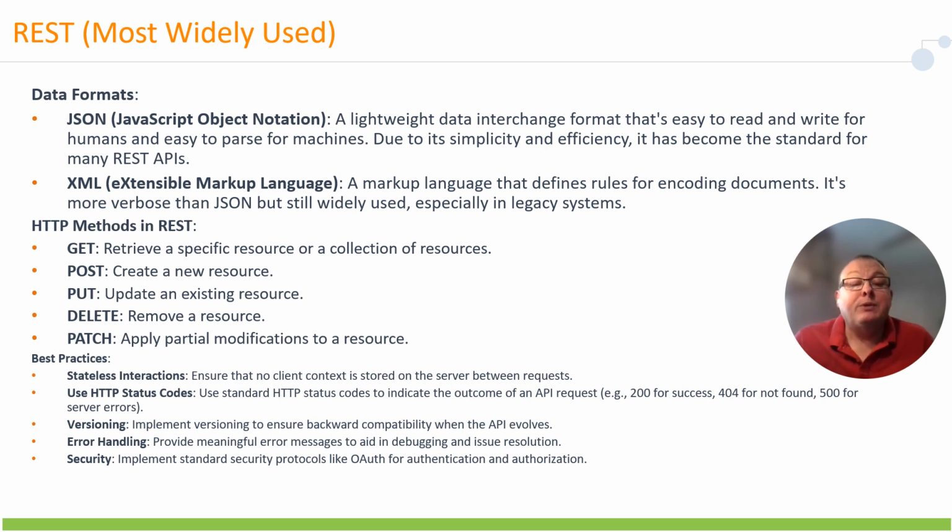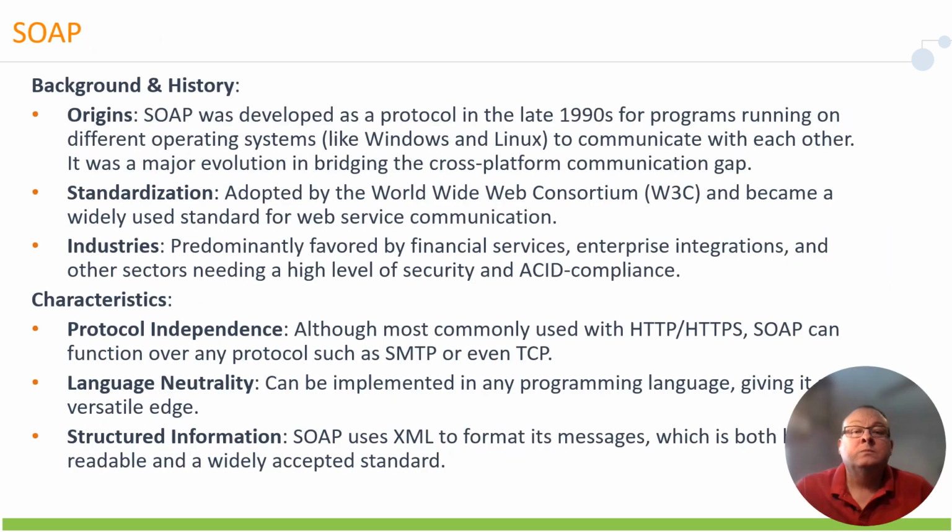Versioning. Implement versioning to ensure backward compatibility when the API evolves. Error handling. Provide meaningful error messages to aid debugging and issue resolution. And security. Implement standard security protocols like OAuth for authentication and authorization.